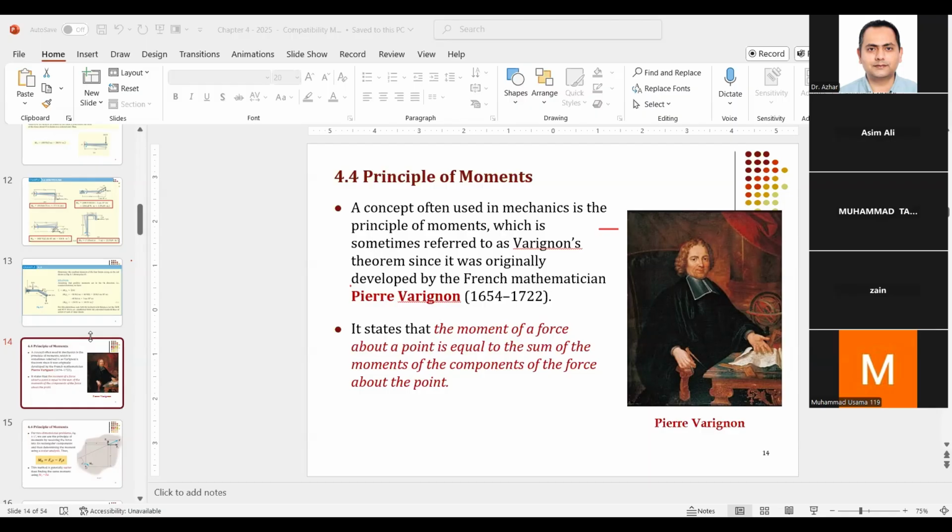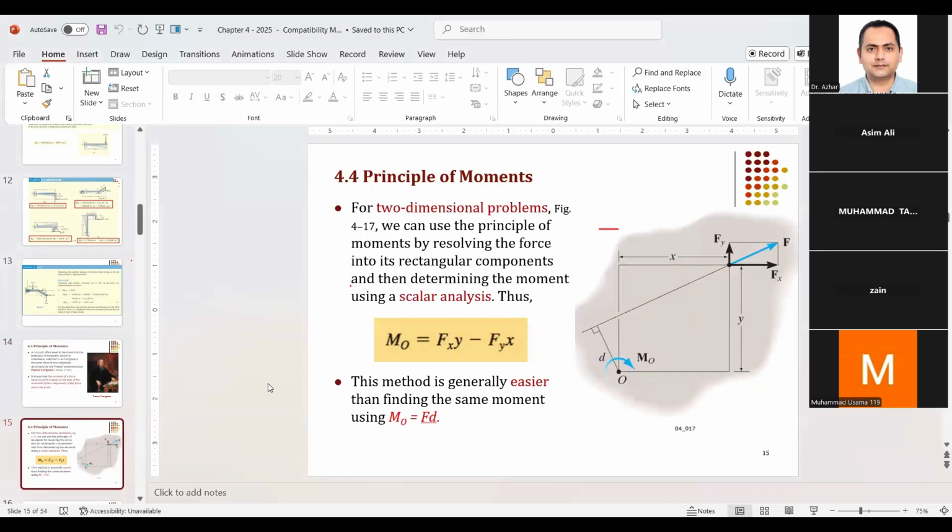This means you have a force. You calculate the moment of that force about the point. Now, save that number. Now, the same force you resolve into components, and from those components, you calculate the resultant moment or the total moment. You will see that the two moments are equal. Okay, let me show you from here.